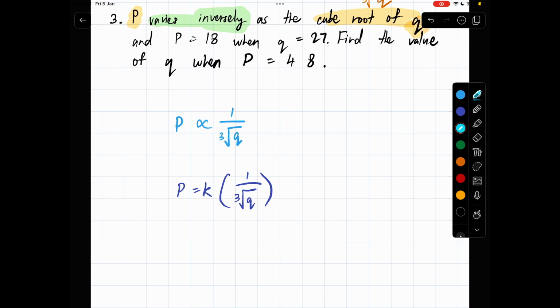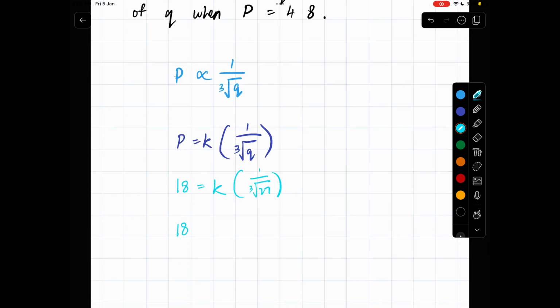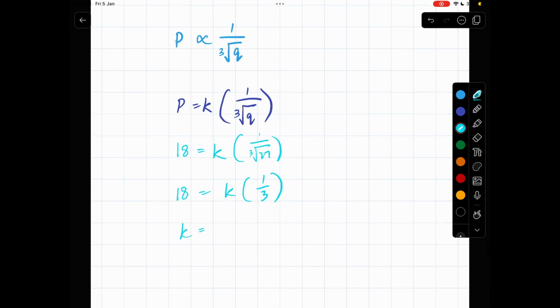So given p is 18 and q is 27, if you calculate it, you will get 1 over 3, and k equals 18 times 3, which you would get 54.